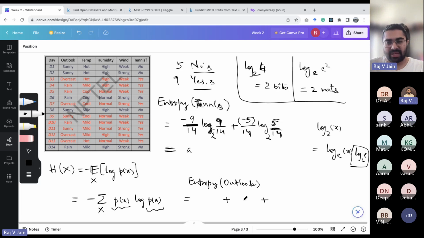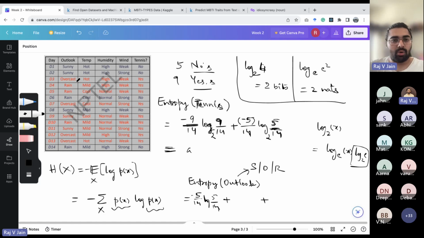Right, so you'll have three fractions because Outlook can take three values: Sunny, Overcast, and Rain. So Sunny, we have how many? 1, 2, 3, 4, and 5. So 5 by 14, log 5 by 14, minus, right?